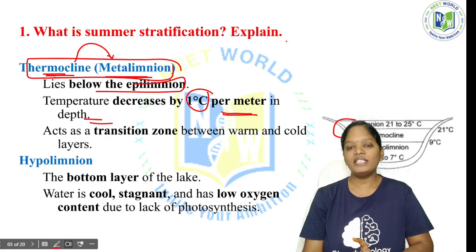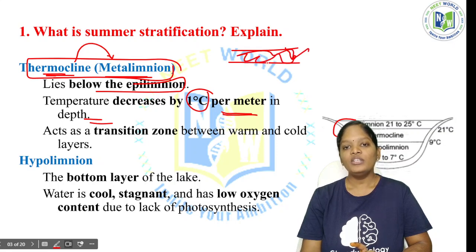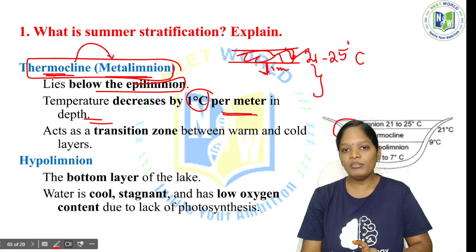You have to understand this very clearly. This is the epilimnion layer. If we go 1 meter, there will be 21 to 25 degrees Celsius. This is the thermocline layer. When we go 1 meter below in the thermocline layer, there will be 20 degrees Celsius.